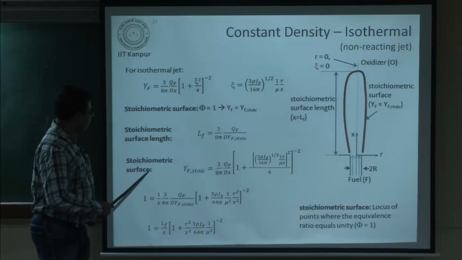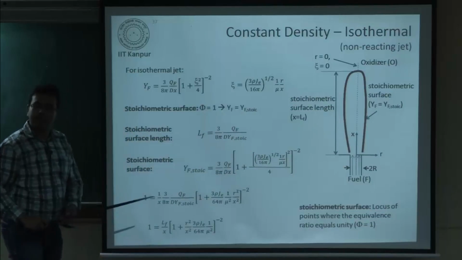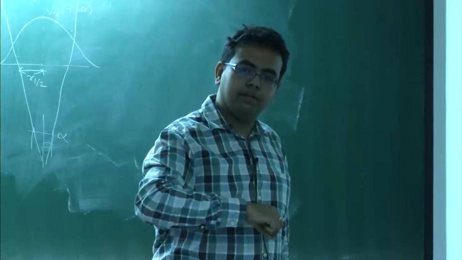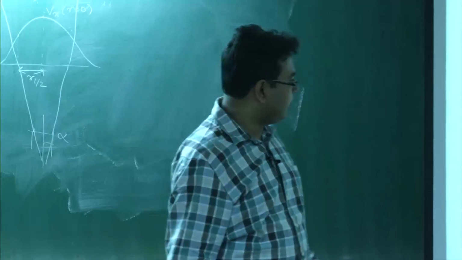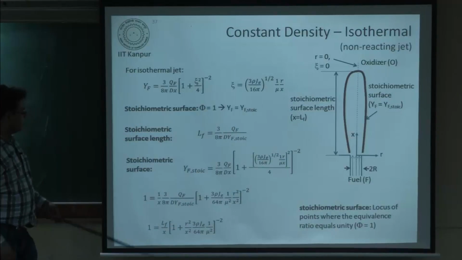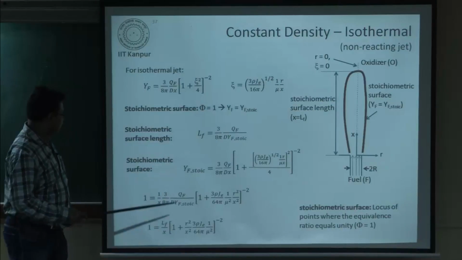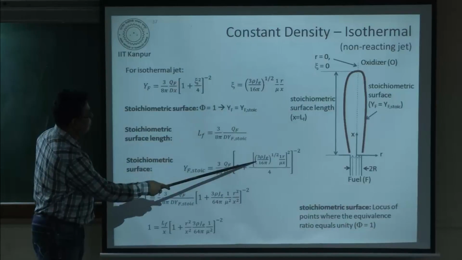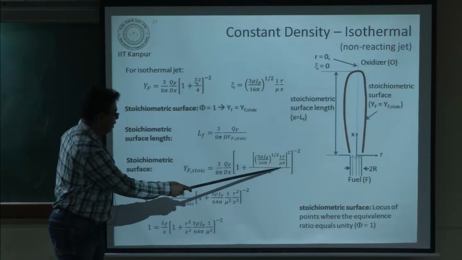Now, we can also get an expression for the stoichiometric surface, which is the surface where the fuel concentration reaches the stoichiometric value. It is very easy to follow if you follow this derivation. We have the expression of yf stoichiometric in terms of the similarity variable. Just plug in the similarity variable here, and you have the dependencies on r and x.